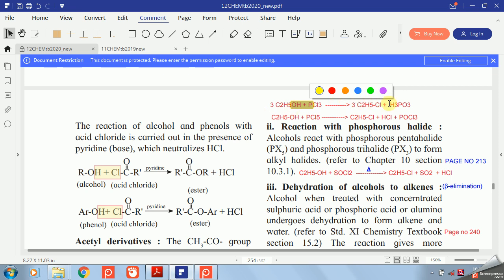Phosphorus is trivalent, so P(OH)3 or H3PO3, phosphorous acid is your product, and 3 C2H5 react with 3 chlorine to give 3 C2H5Cl.